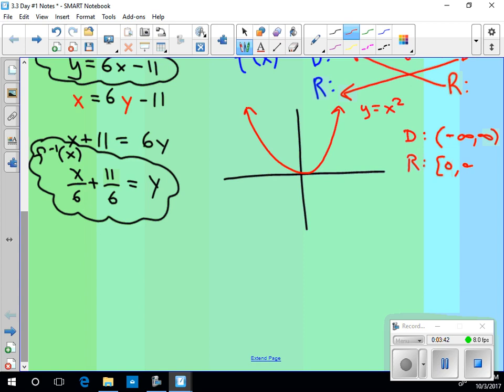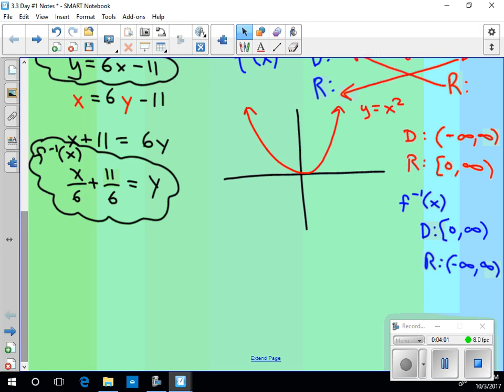From 0 up to infinity. So if this is true, and I find the inverse of this function, what should the domain of the inverse be? 0 to infinity. And the range should be all reals. Let's test that.